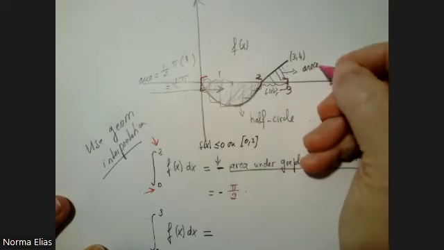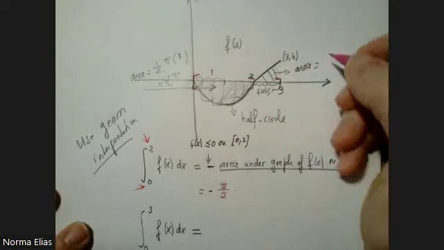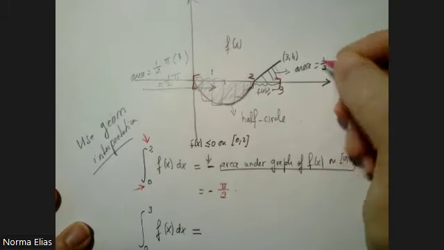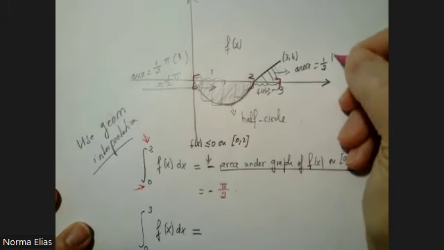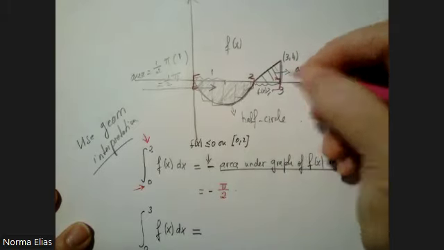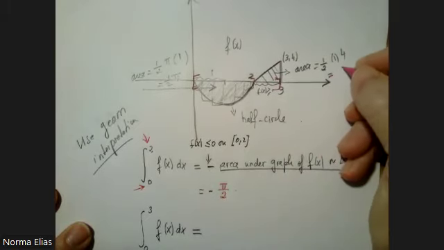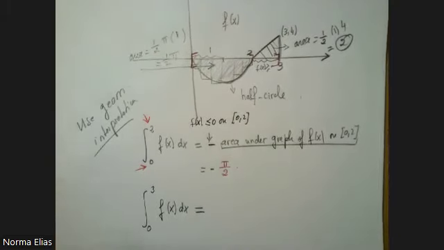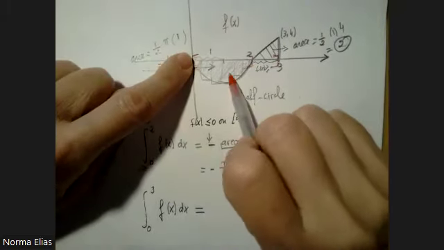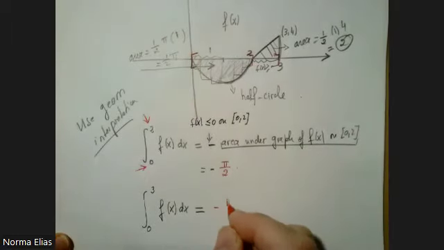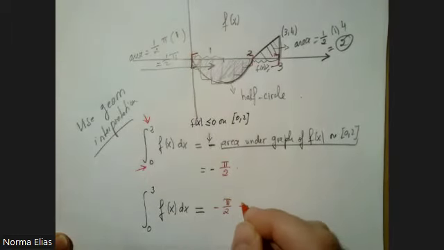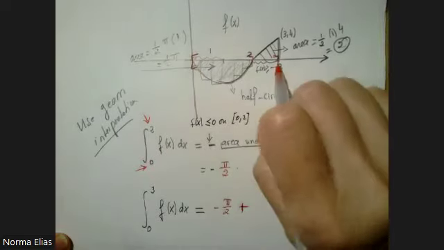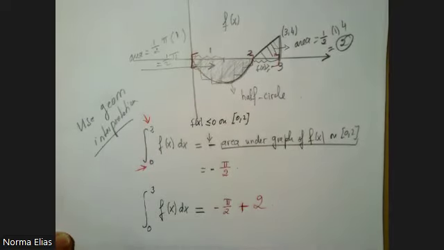The area of a triangle is a half, the base from 2 to 3 is 1, times the height, which is 4, so the area is equal to 2. When the function is negative, it's minus the area, and when the function is positive, it's plus the area. So that's really the definite integral.